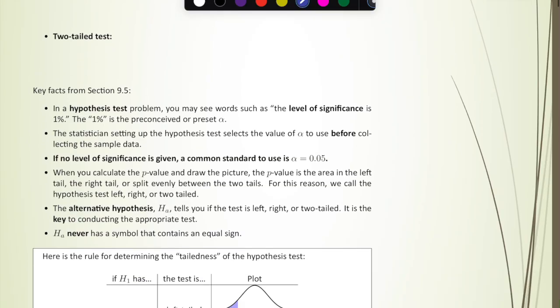Now I've summarized the key facts of section 5.9 here. I've included this summary here. You'll see that the significance level is what we compare the p-value to. If the p-value is less than the significance level, then our data is significant.